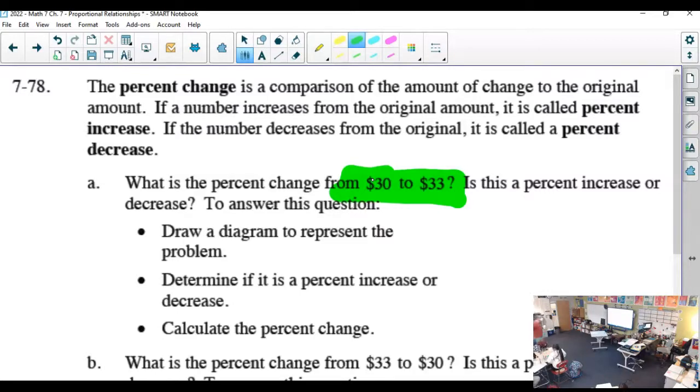If we're going from 30 to 33, how much are we increasing by dollar-wise? $3.